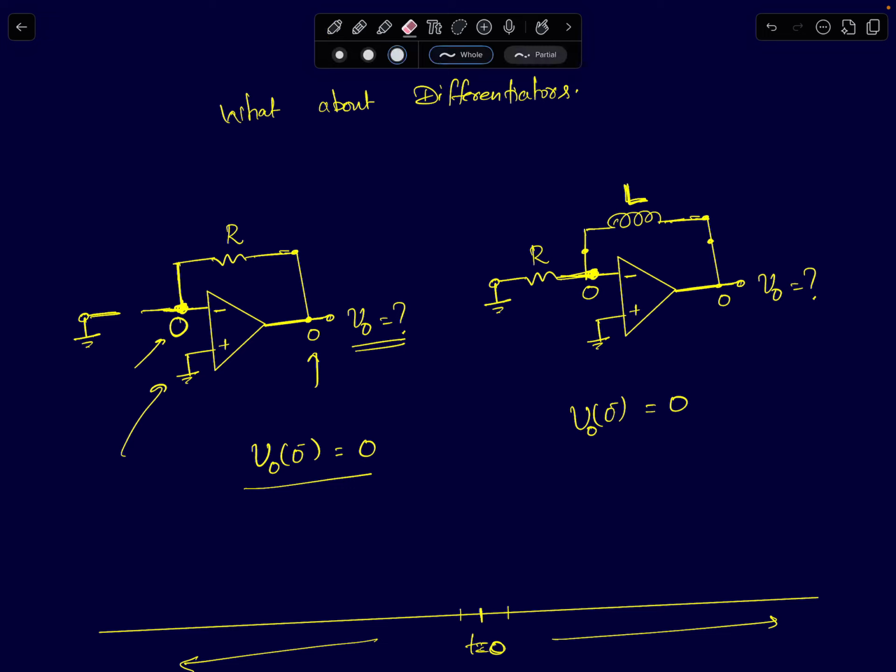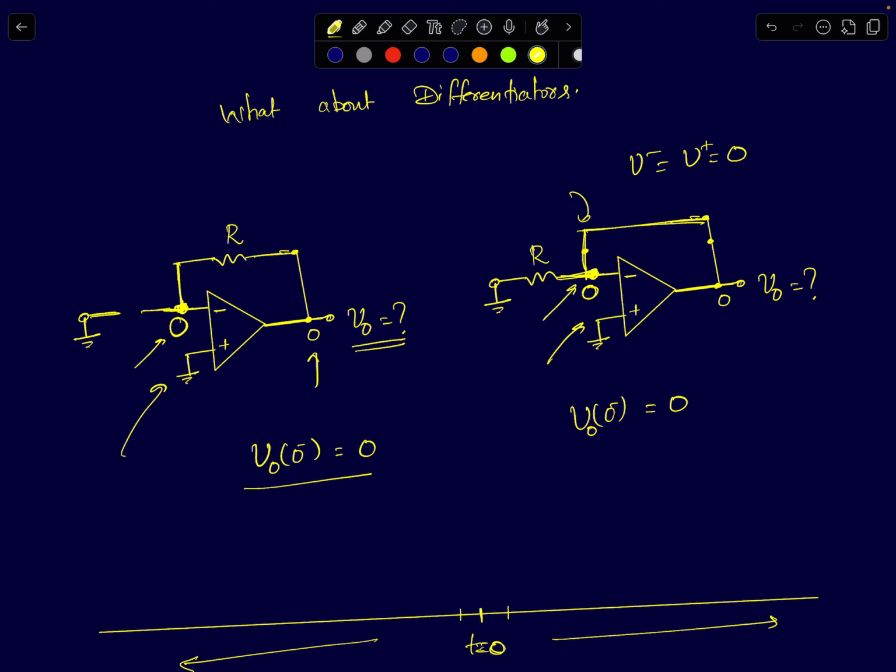The other circuit here, the inductor based circuit, the inductor will act like a short circuit in the steady state. Again, there is a proper negative DC feedback. The output voltage is fed back to the inverting terminal, and therefore, if you remember, if you assume the op amp's gain is infinity, V minus will be exactly equal to V plus, which is 0 volts here.